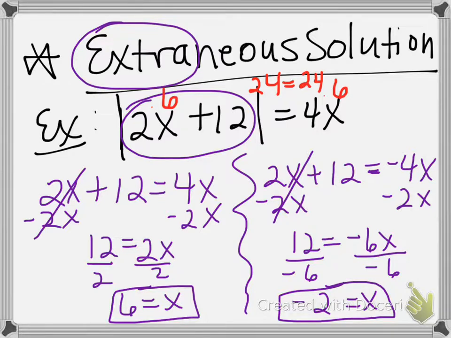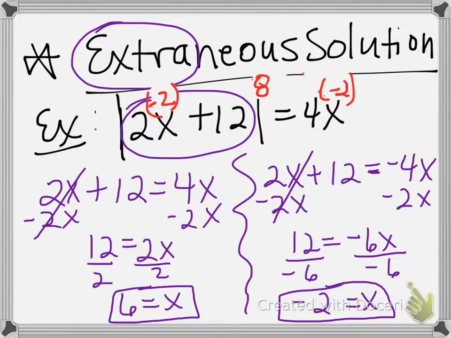If we do plug in negative 2, what's going to happen? Okay, so let me erase the 6. This time I'm going to plug in negative 2. So I would have 2 times negative 2, and over here I would have 4 times negative 2. 2 times negative 2 is negative 4, plus 12 is 8.